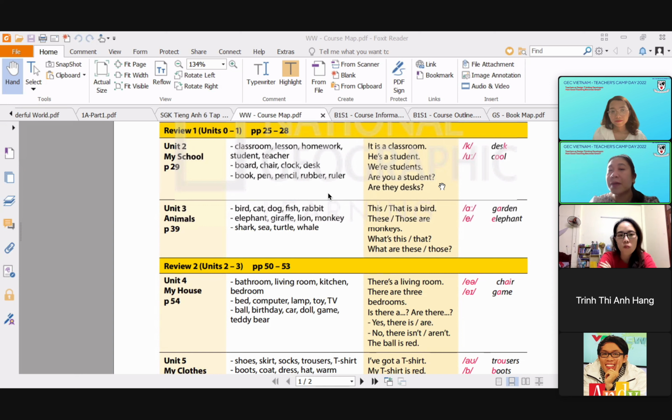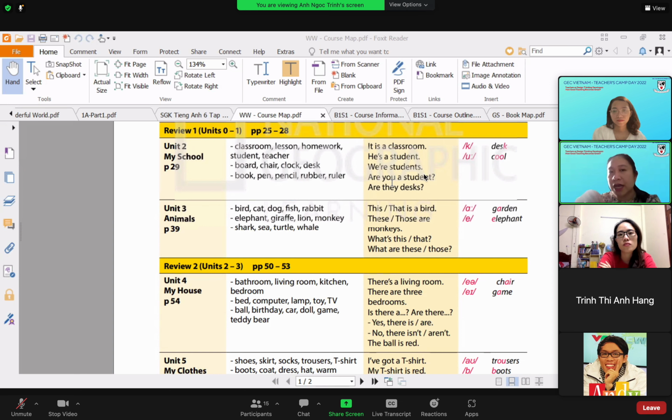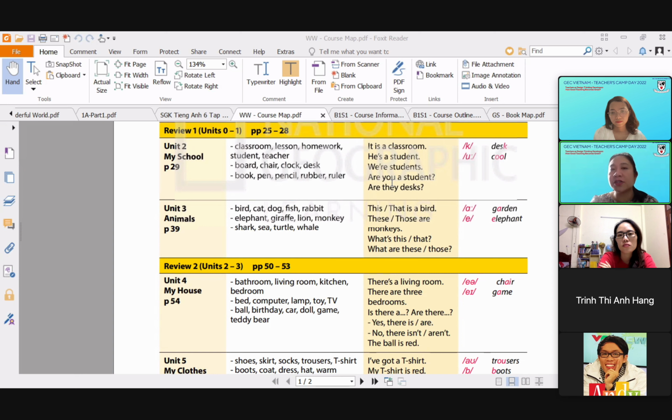But from this, you have to imagine how the vocabulary is taught, how grammar structures are taught, how the pronunciation sounds are taught and learned. You have to imagine how the student learns.